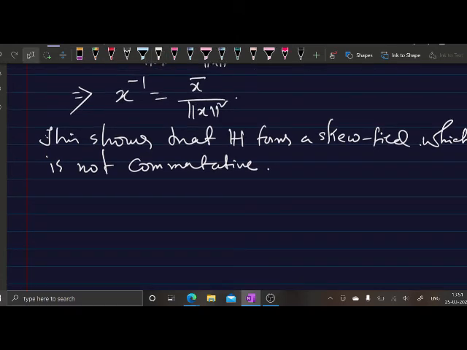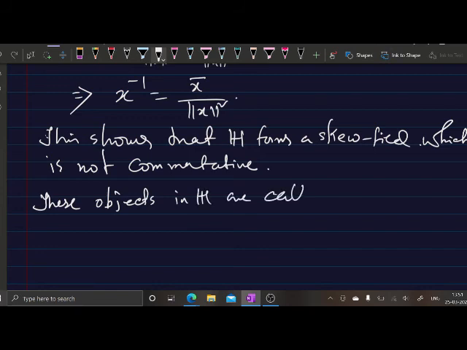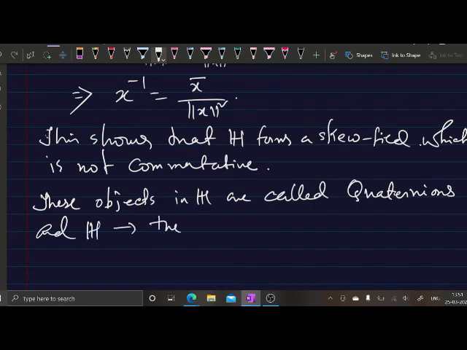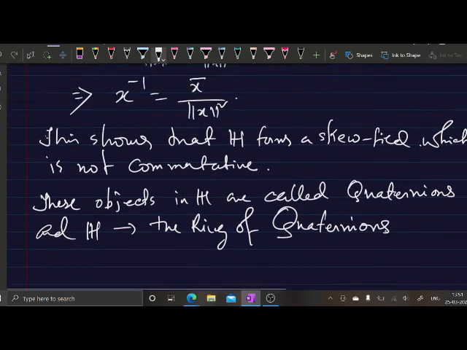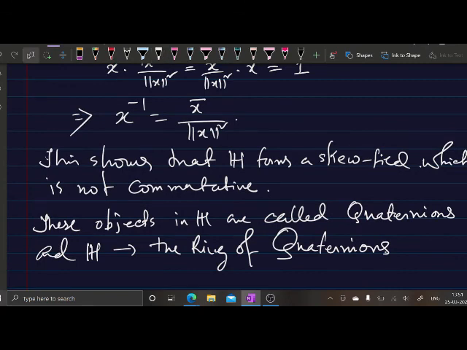So these objects in H are called quaternions, and H is called the ring of quaternions, which is an example of a non-commutative skew field.